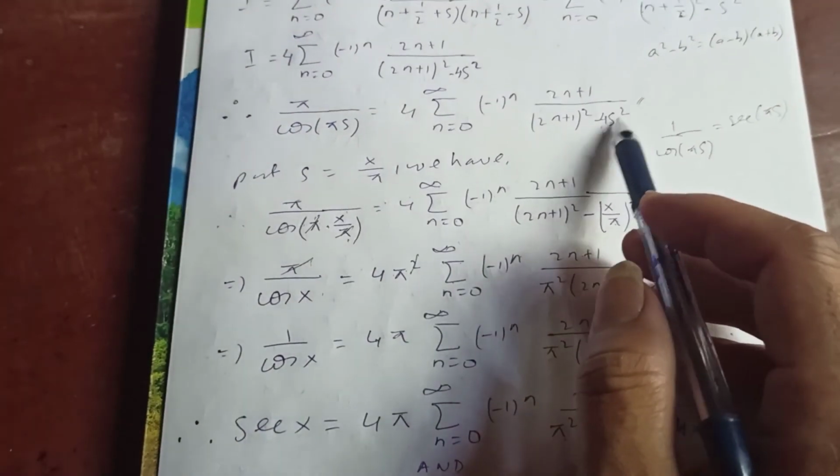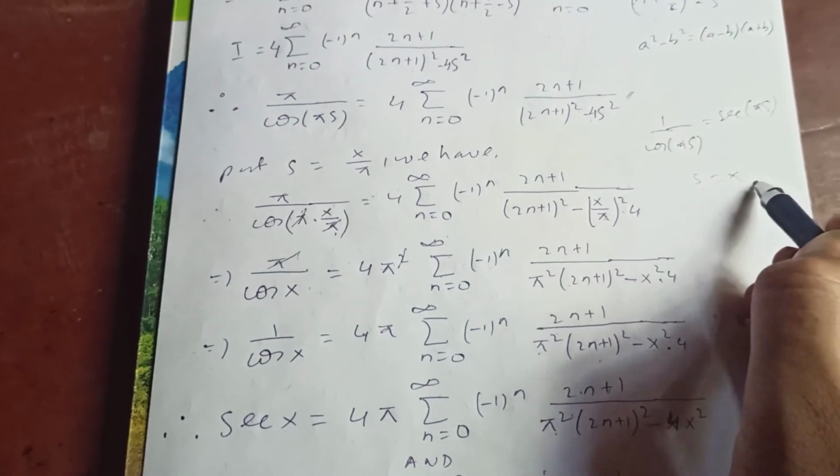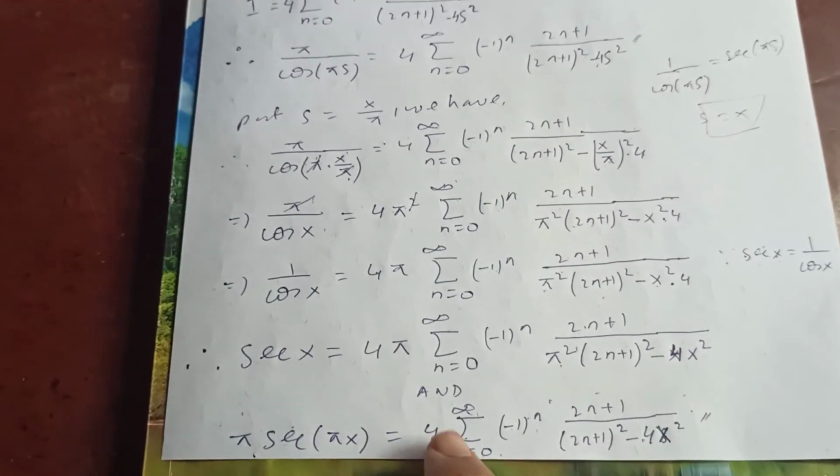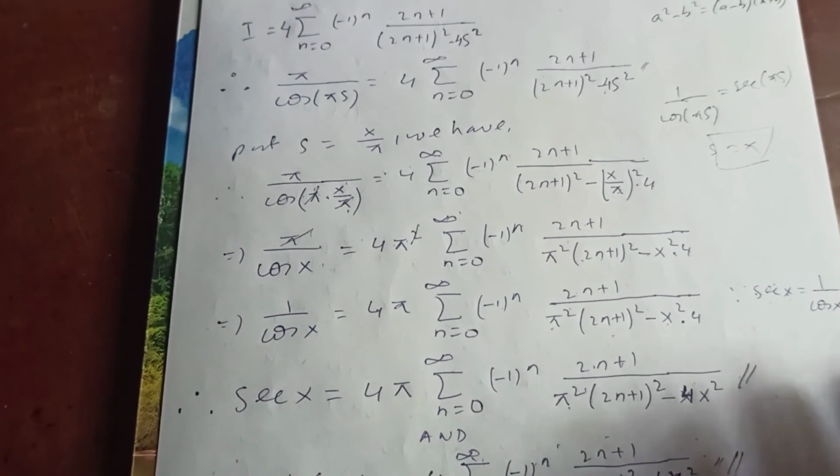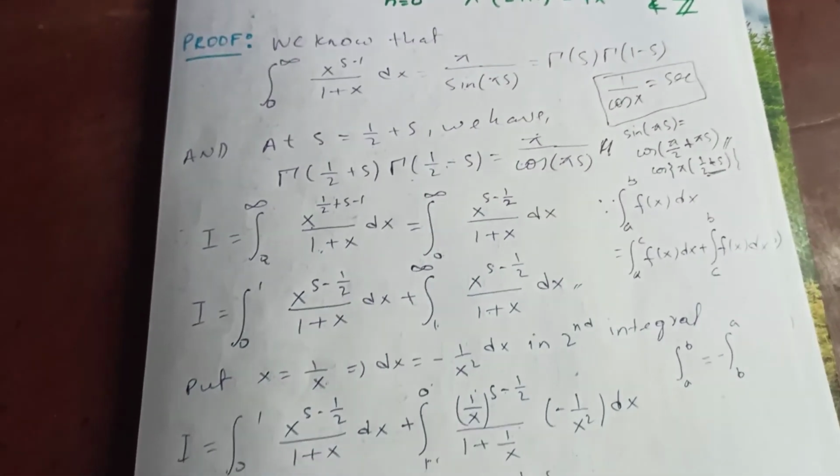In place of s equal to x, okay, then you will get this. So this is how I managed to prove the partial fraction expansion of secant x, okay? That's it.